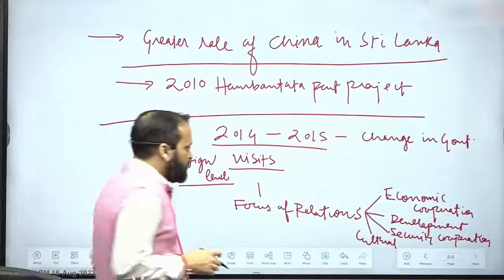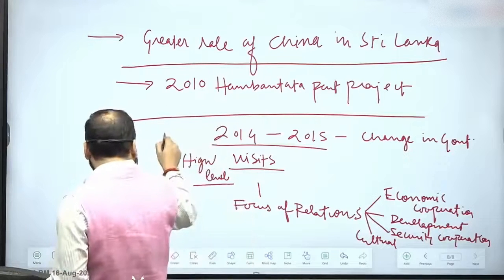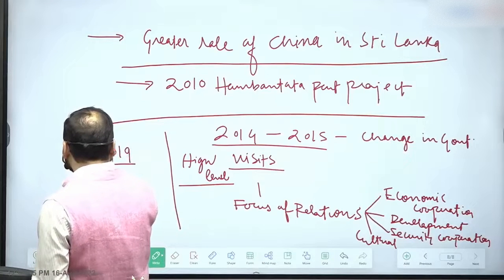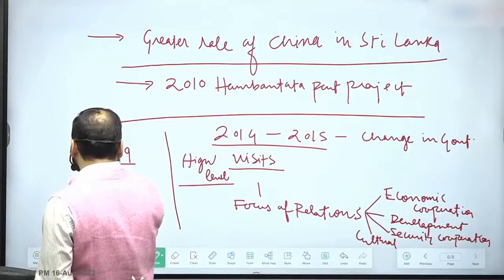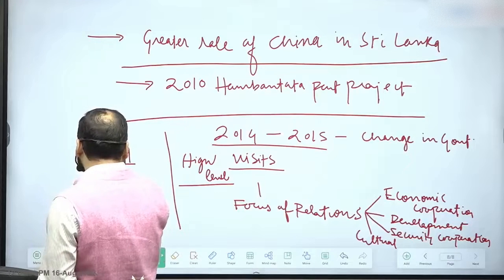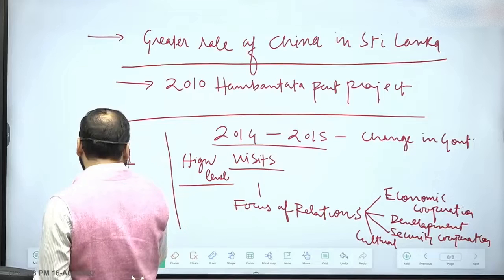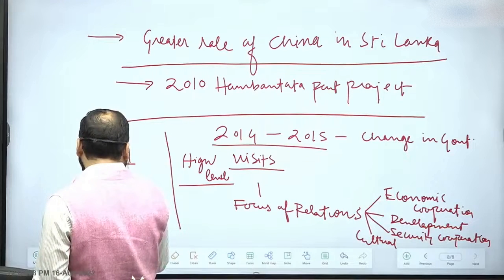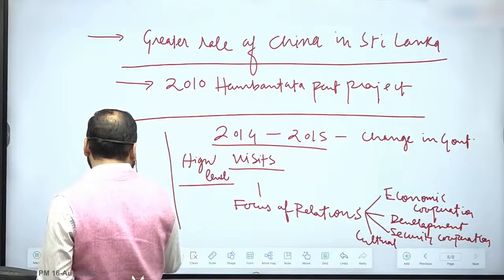But then what you would see is that again there is a change. 2019 and 2020. What is the change? Sri Lanka chooses a new president and also a new prime minister. So who is the president and who is the prime minister?